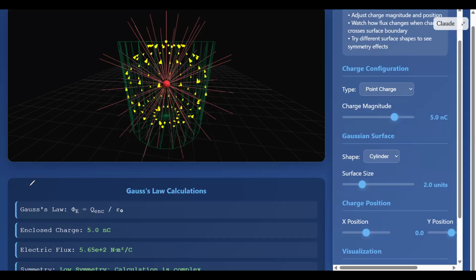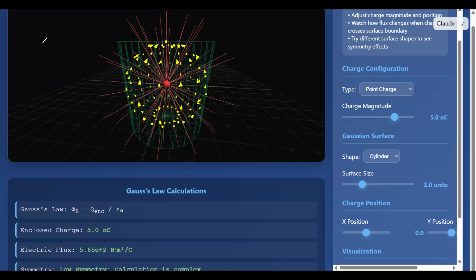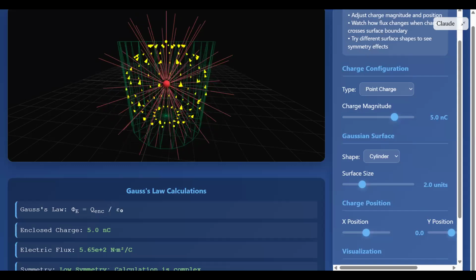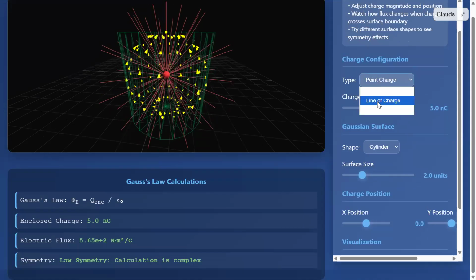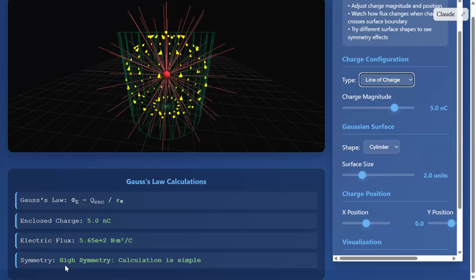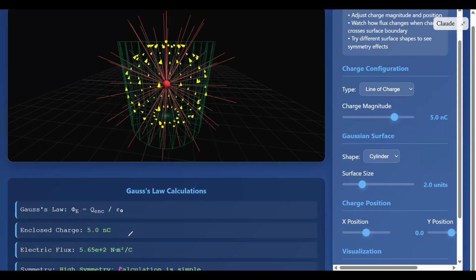For that, we can choose the line of charge. So here I am choosing a line of charge. In that case, now you can see high symmetry, calculation simple.